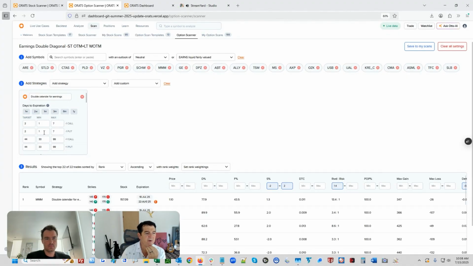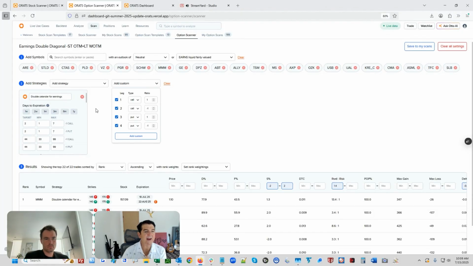You could set this up a variety of ways, and we should go into how to set that up. First of all, you add a custom strategy, and in this case I wanted the calls and puts separate. What that will do is make this really a double diagonal.